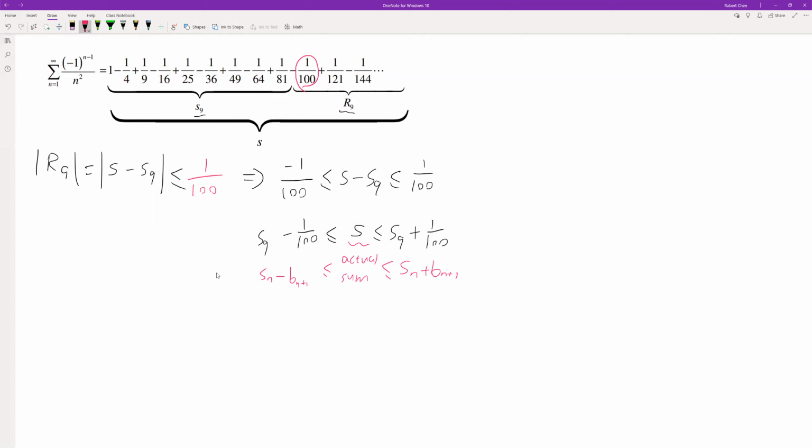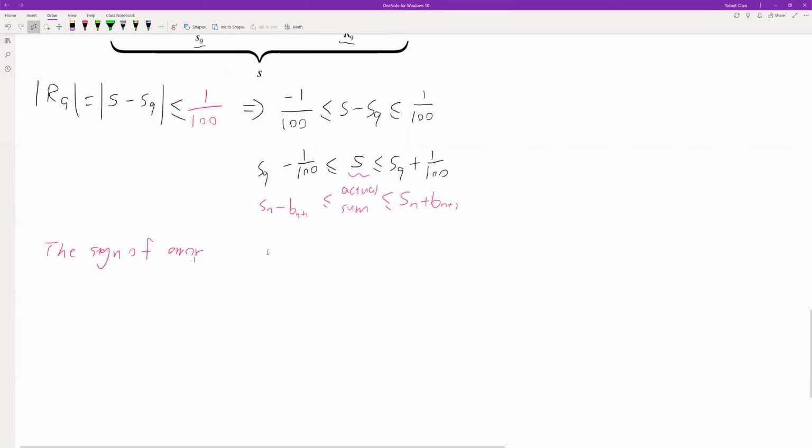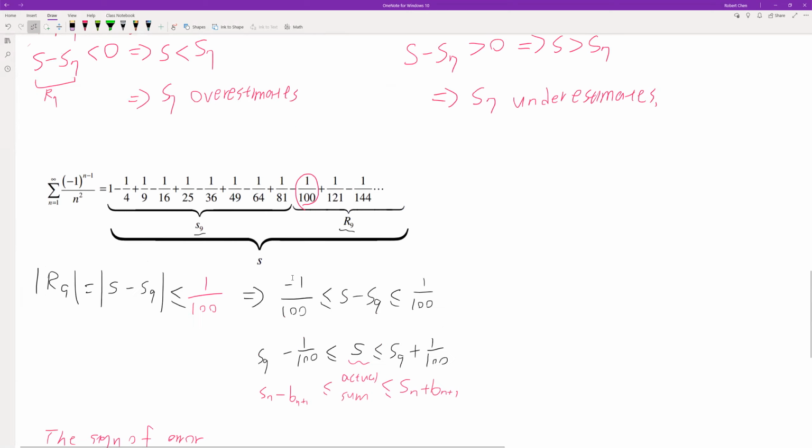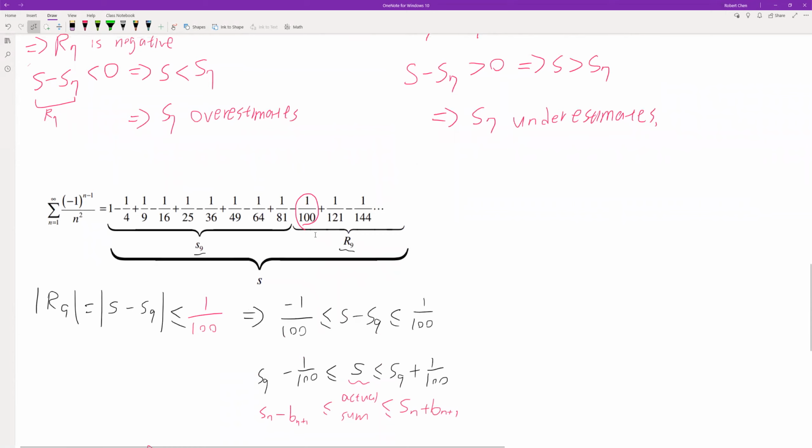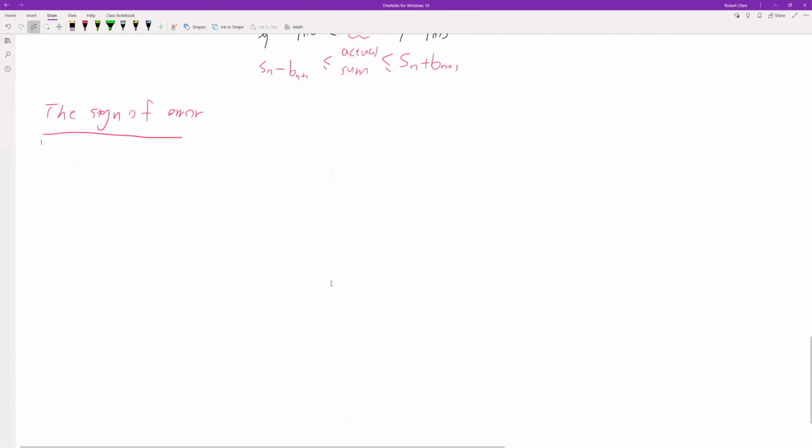And that's identifying the sign of the first term. So the sign of the error is going to be the same as the sign of the first omitted term, which is this circled 1/100 right here, which is negative. So that means R9 is going to be negative.